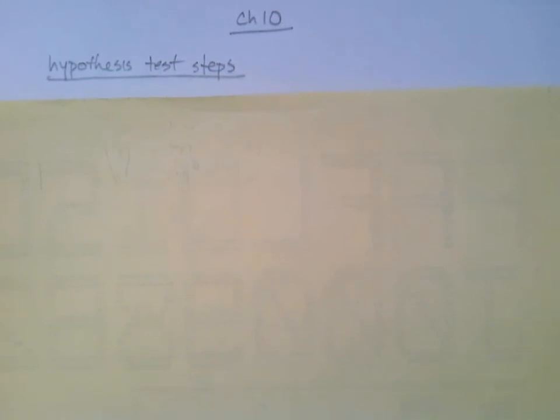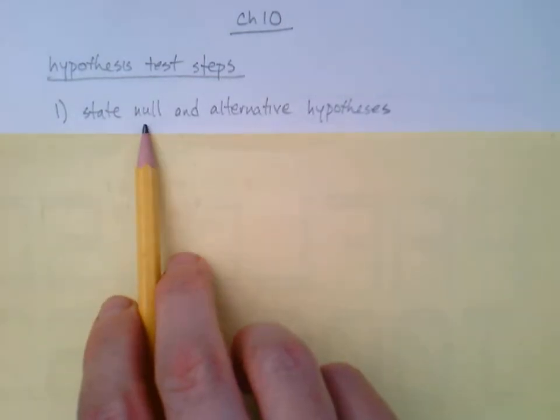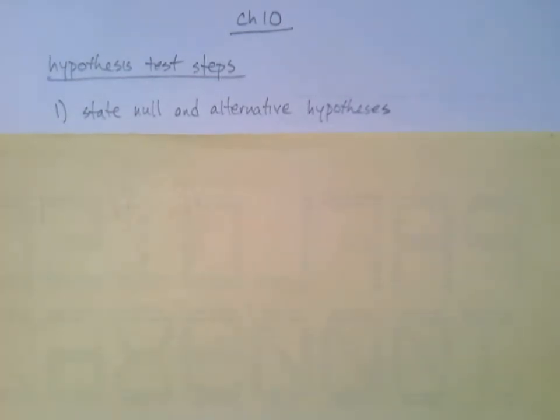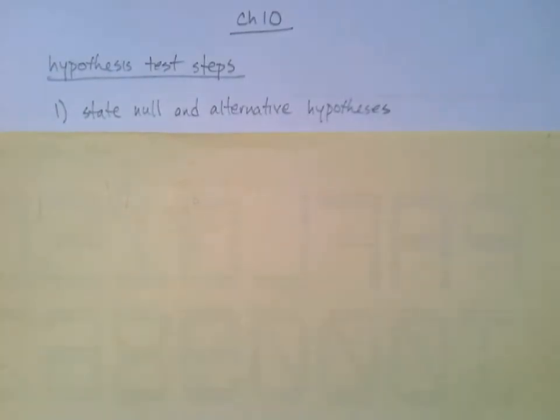So the first step is to state the null and alternative hypotheses. As you remember, for the null hypothesis, we always assume there's no difference between what we are investigating and the larger population. We assume the null hypothesis. The alternative is what we speculate might be true, or what we're investigating: do Carl's Jr. managers actually make more than the national average, right?